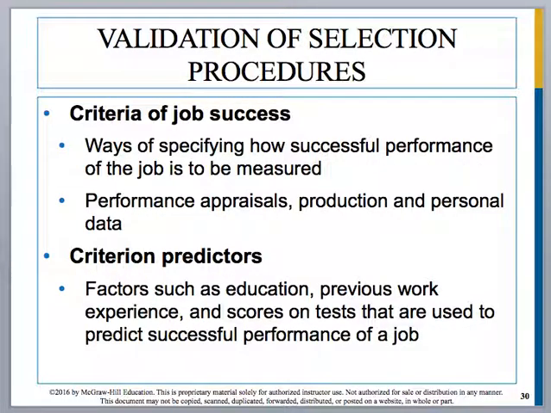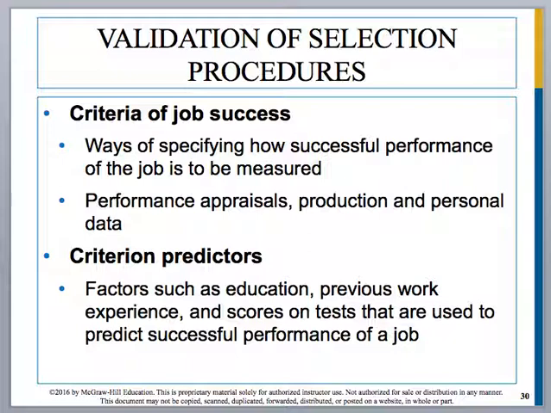Then we look at our validation of the selection procedures. So what is the criteria of job success? And that's how we specify the successful performance of the job and how it's measured. We're looking at the performance appraisals.